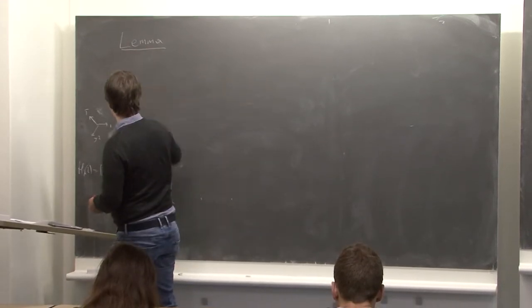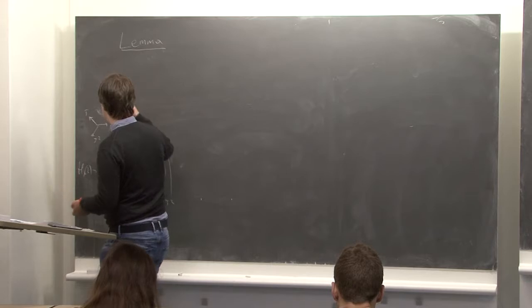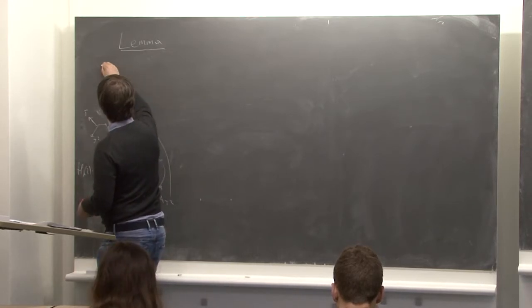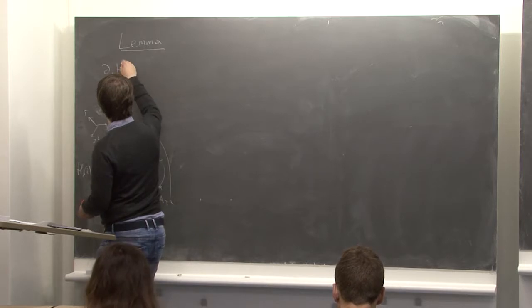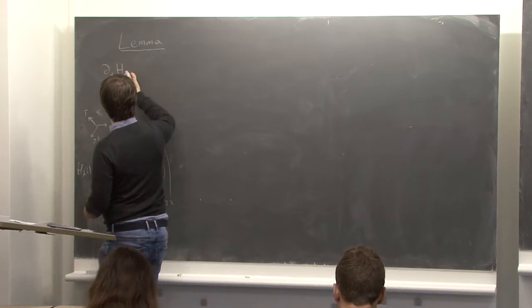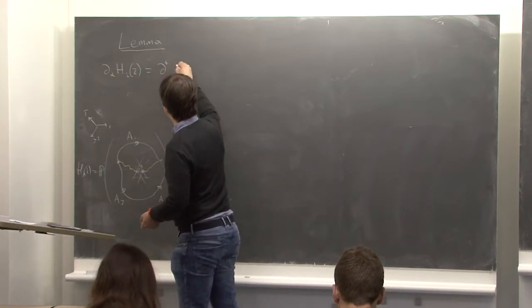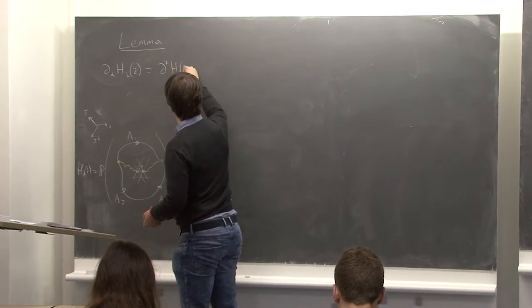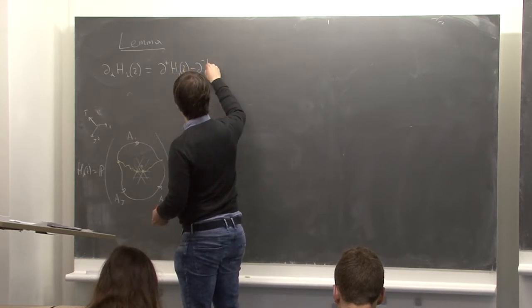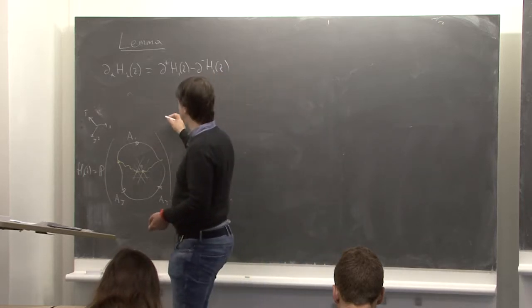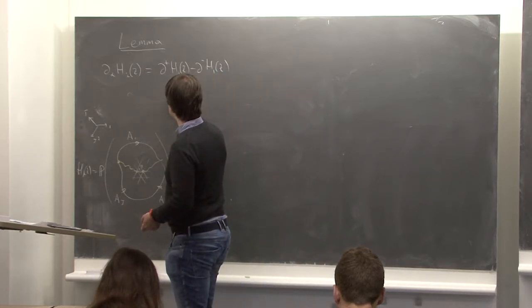The main lemma last time was that basically the discrete derivative of H1 in some direction, so the discrete derivative in direction alpha of H1 of Z, first we wrote it exactly as D plus H1 of Z minus D minus H1 of Z. Those were three-arm probabilities.